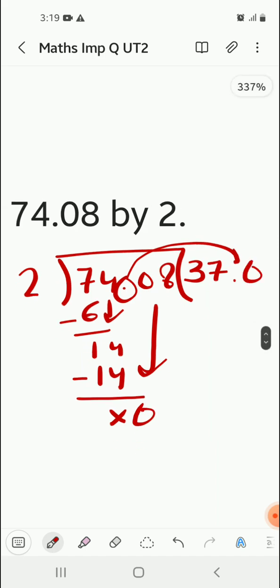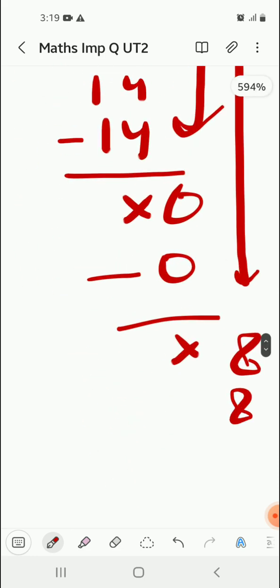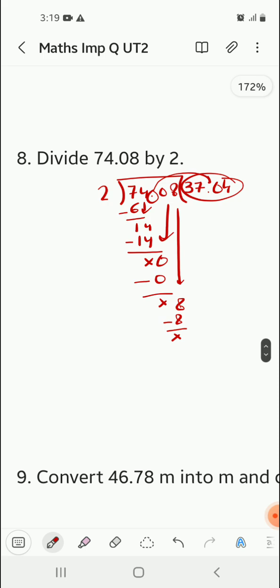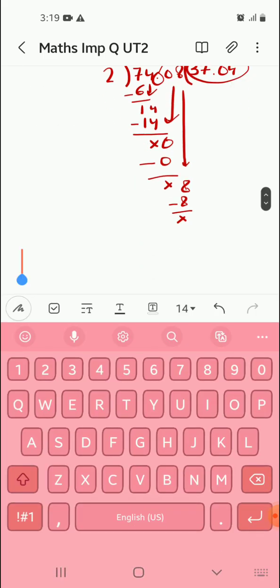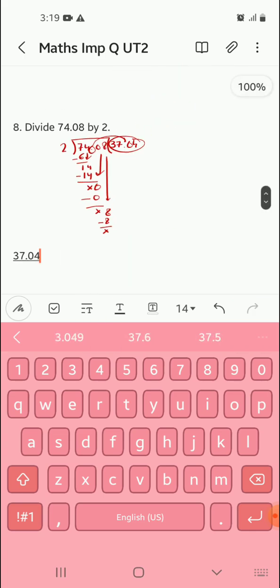We know 2 zeros are 0. So this is done. The last digit 8, and we know 2 into 4 is 8. So my answer is 37.04. So we'll write the answer 37.04. There is no unit, so we'll write no units.